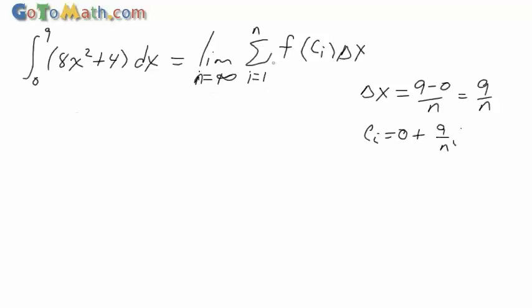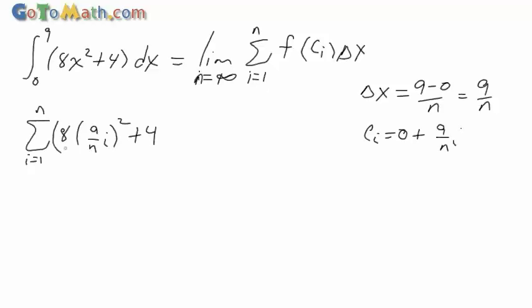Okay. And so now let's go ahead, set this thing up. We got i going from 1 to n. Our c_i, we're going to plug that in, so that's just 9i over n. That's the reason I kept clicking to get a 0 there. We have 8, and then x is going to be 9i over n, squared, plus 4, some constant out here.